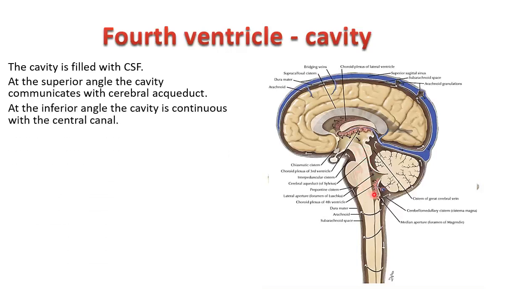At the inferior angle, it is continuous with the central canal of the spinal cord. These are the areas, and what you see is how the CSF is circulating. The various arrows in this picture represent how the CSF is circulating.